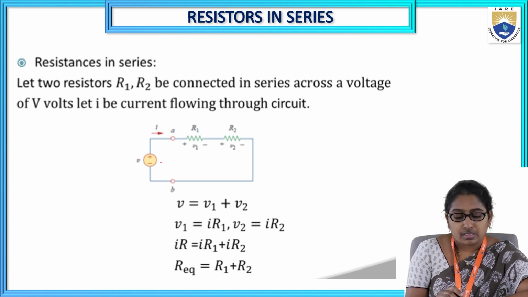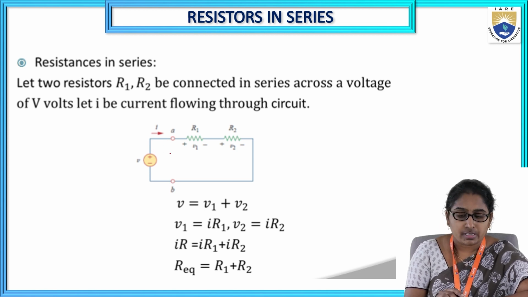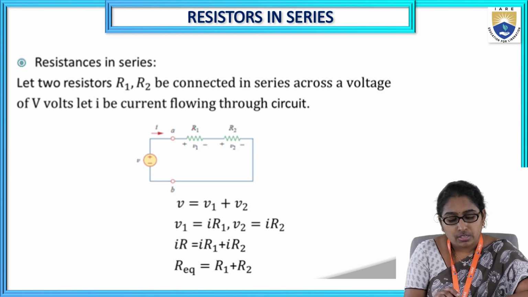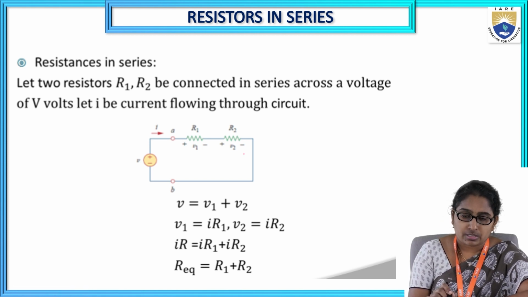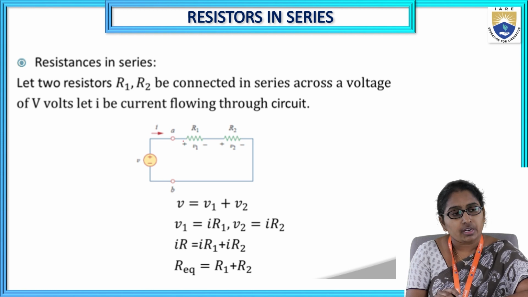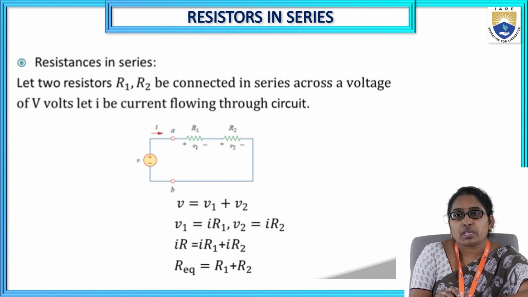Then automatically we know there is a current flowing in the circuit, which is the same for the 2 resistors. So current I flows through resistor R1 and resistor R2 also. And what is the voltage drop across each element?